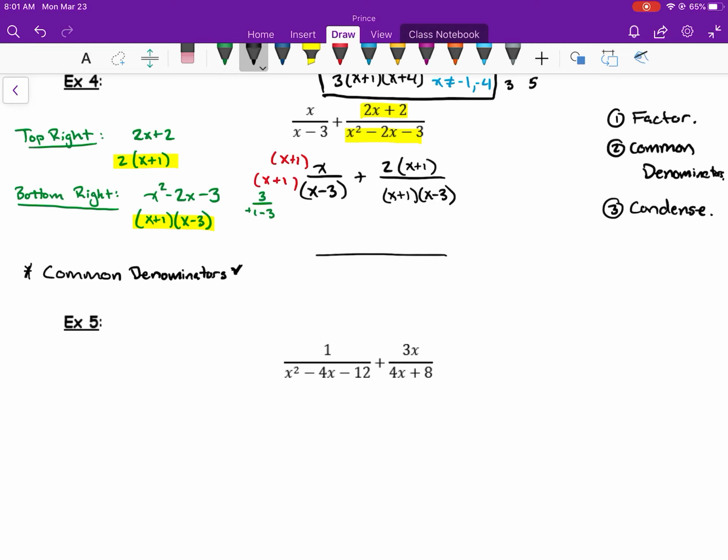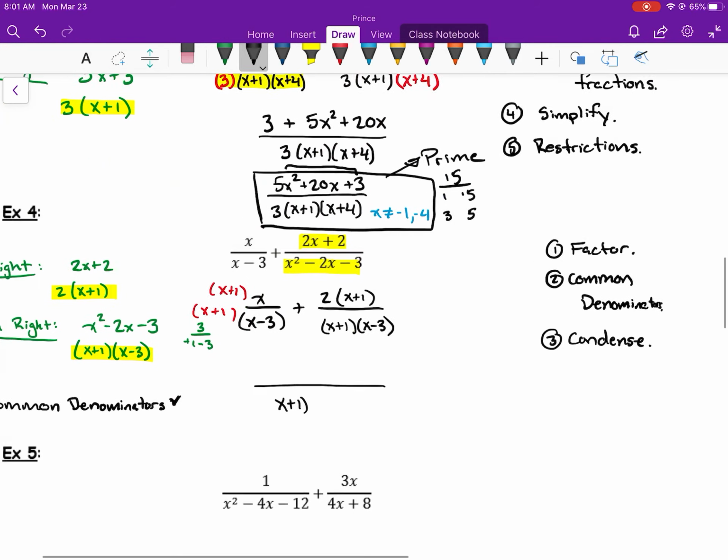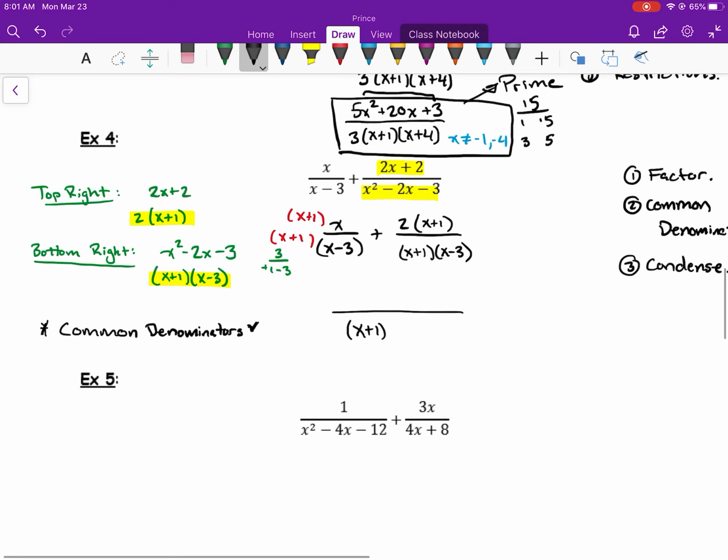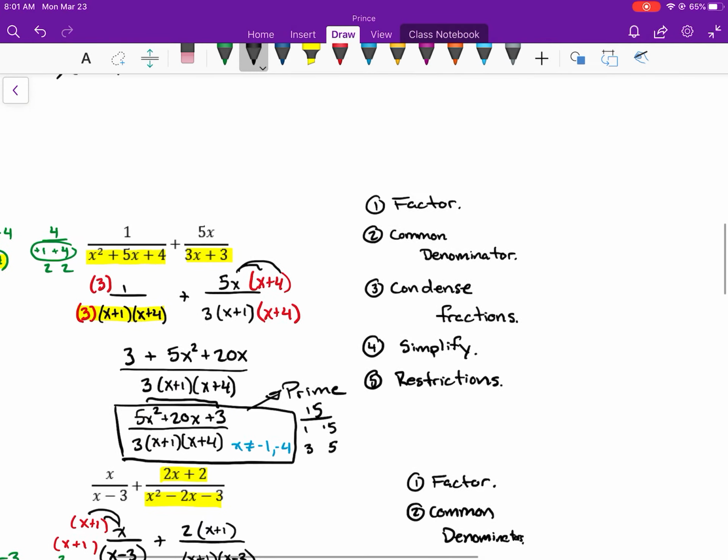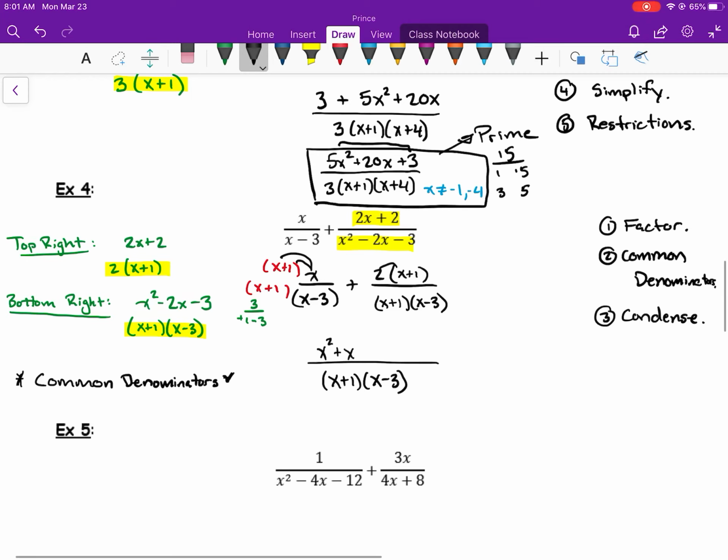In the bottom is our common denominator part, which is our x plus 1 and our x minus 3. Here I'll distribute the x. I get x squared plus x. And I guess I'll distribute those 2 back out, even though we just factored it. So plus 2x plus 2.